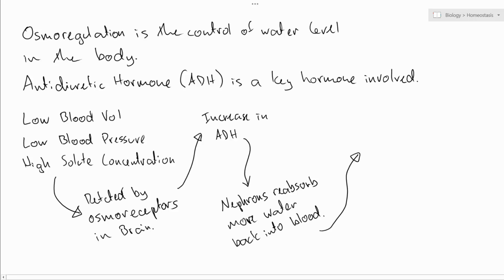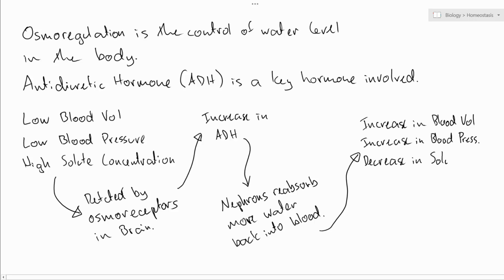So if the nephrons are reabsorbing more water back into the blood, then we will see the result being an increase in blood volume, an increase in blood pressure, and then a decrease in solute concentration.